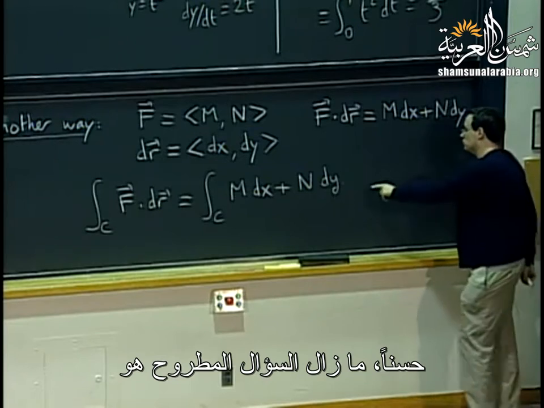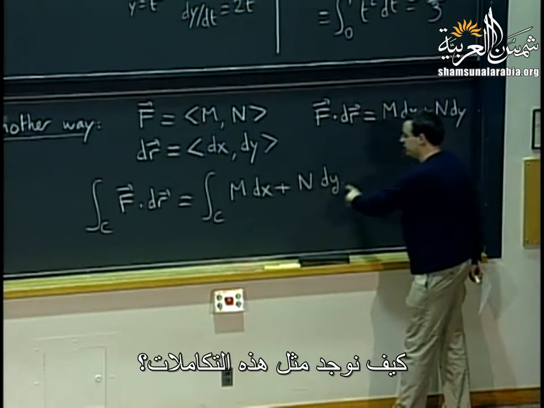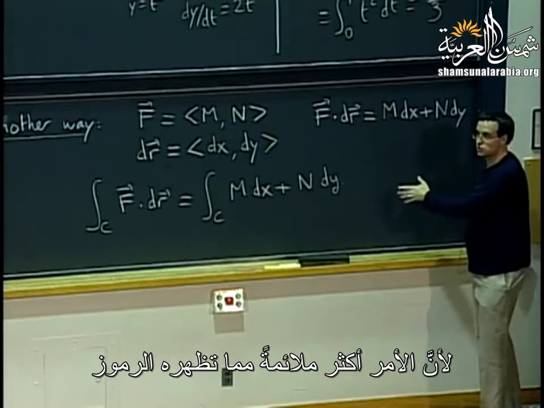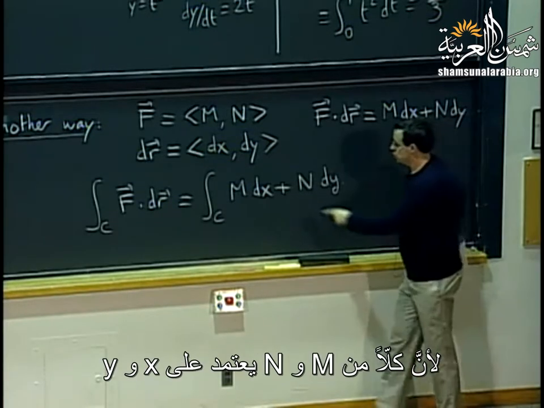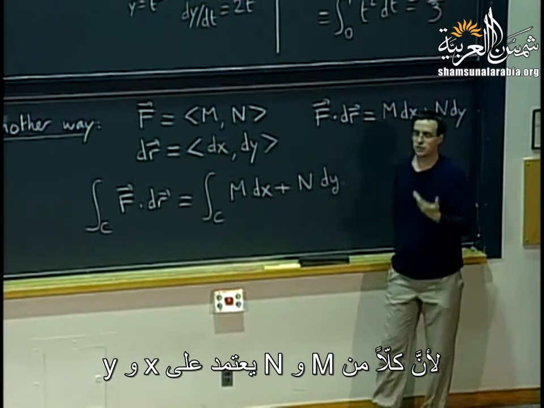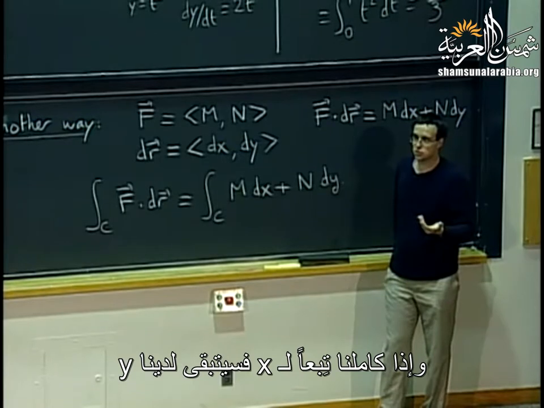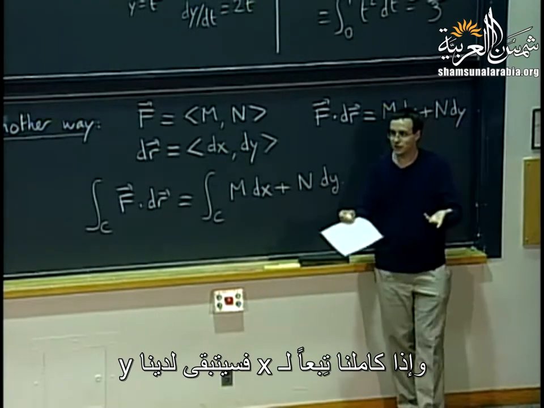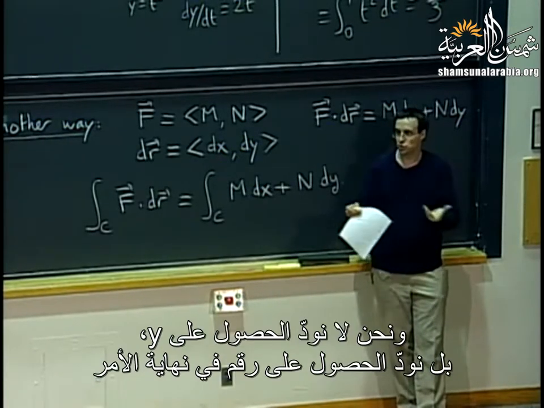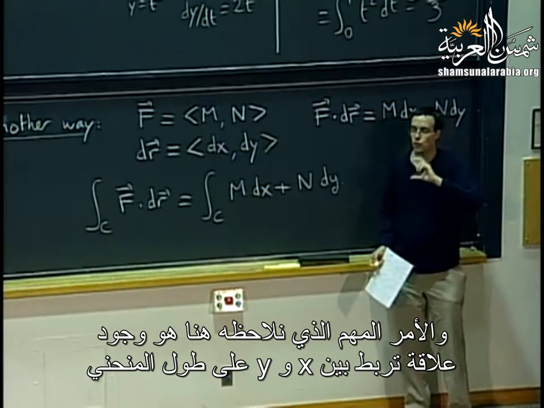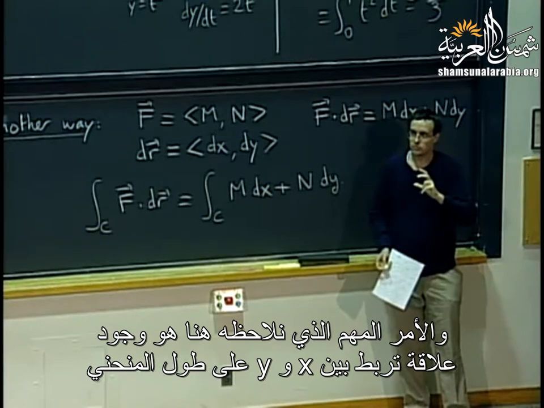Okay, so now there still remains the question, how do we compute this kind of integral? Because it's more subtle than the notation suggests, because M and N both depend on x and y. And if you just integrate with respect to x, you'd be left with y's in there, and you don't want to be left with y's. You want a number at the end. The catch is that along the curve, x and y are actually related to each other.